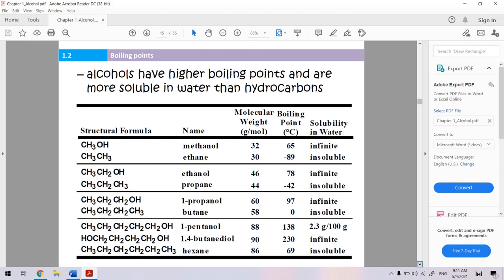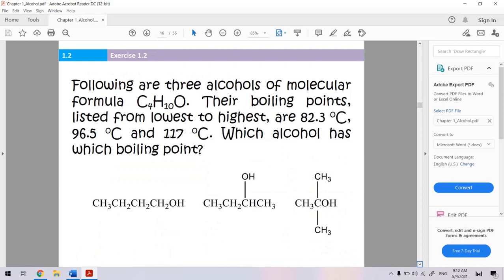Okay, that is how you explain when you have this kind of question. I want you to try to solve this exercise, and please show me the answer in your class notebook for today's class. I want you to list from the lowest to the highest which alcohol has which boiling point.